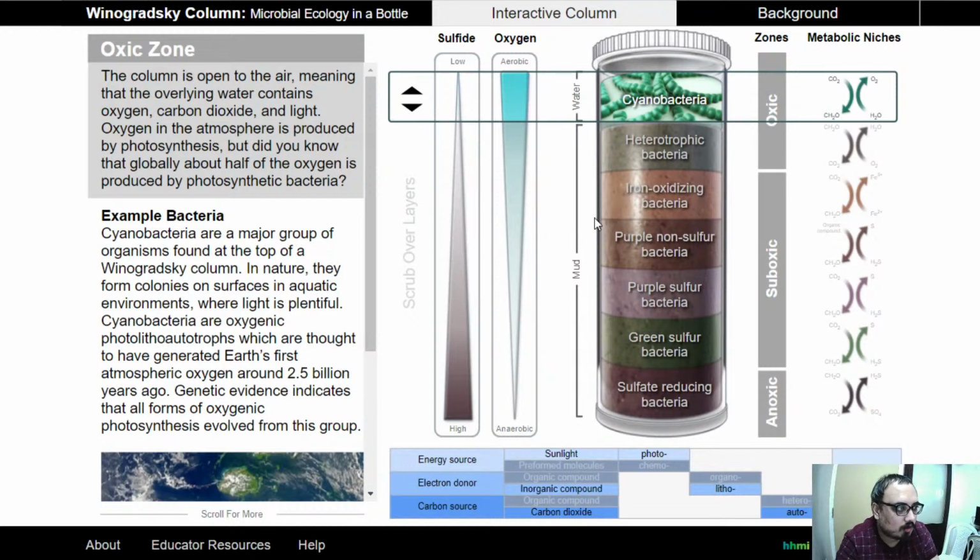As you all know, the column is open to air, meaning that the overlying water contains oxygen, carbon and light, and the oxygen in the atmosphere is produced by photosynthesis.